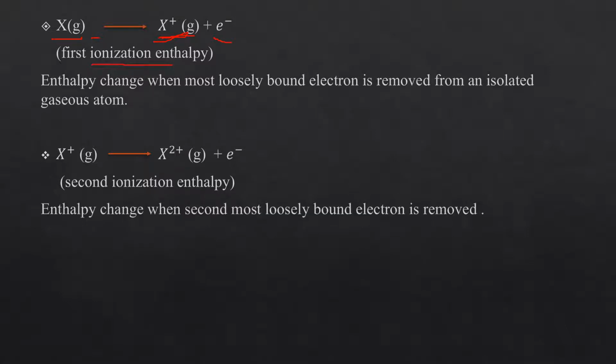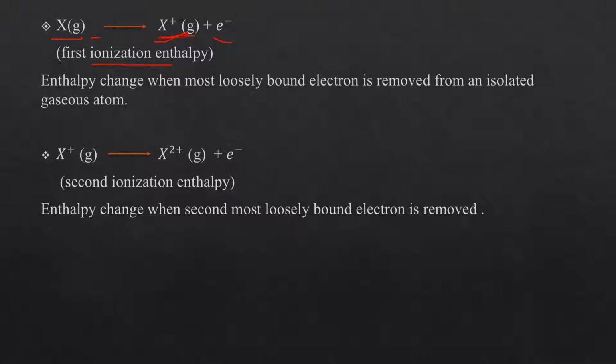This is the enthalpy change when the second most loosely bound electron is removed. That energy will be known as second ionization enthalpy.